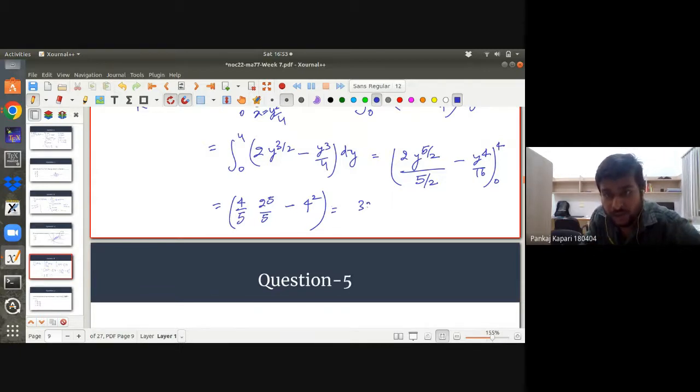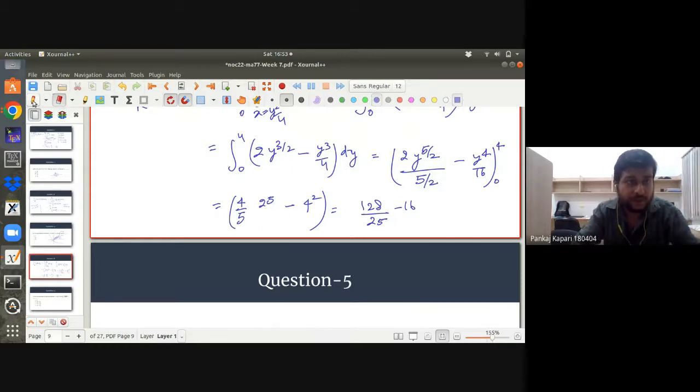So it is 32 into 4, which is 128 divided by 5, minus 16. Okay, so I have taken 5 already outside, so this is just 4 by 5.